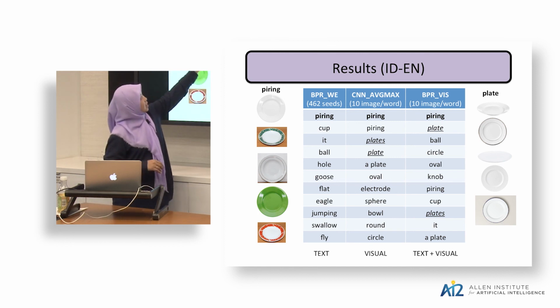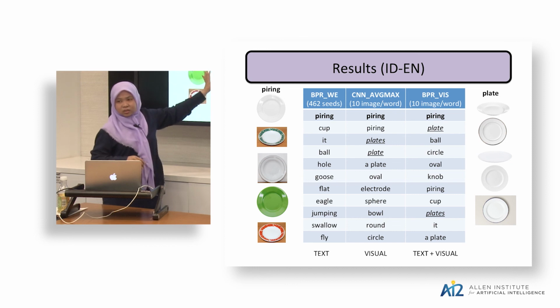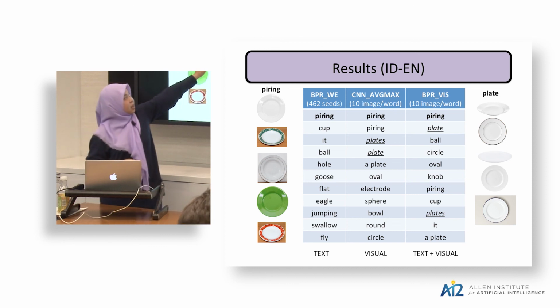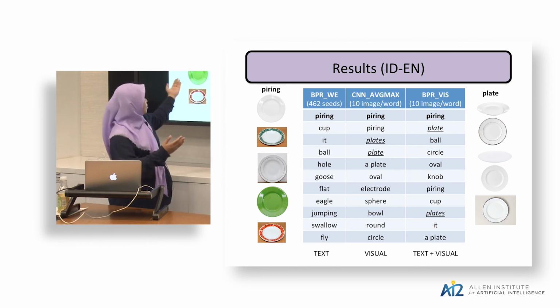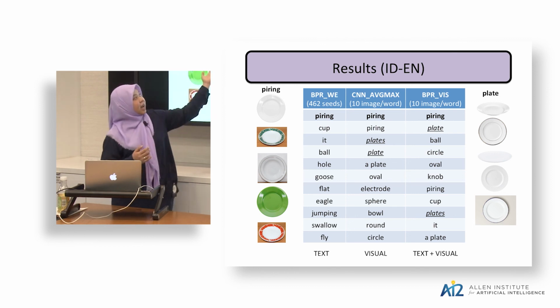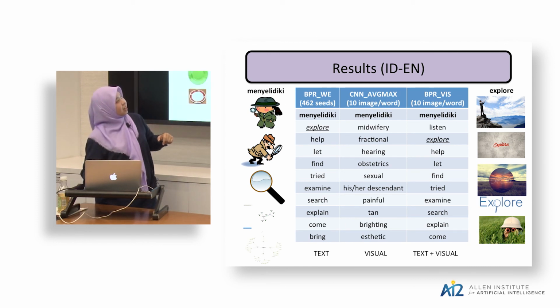So for this, you see with very few seeds, it only finds related words for plate in Indonesian, but the visual one gives the right ones because visually they are very similar. And adding them actually improves the performance further.